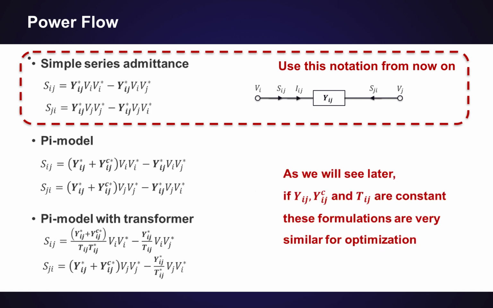What we are going to see is that when we are doing optimization, if we assume that Yij, the shunt elements and the transformer tap ratios are constants in our formulation, then all of those formulations are very similar for optimization use. They can be different in practice, and these are important aspects of modeling, but since we want to focus on optimization here, we are going to stay with the simplest model.